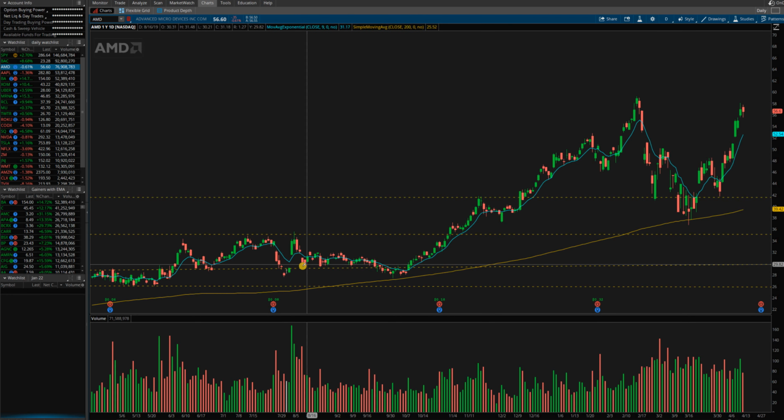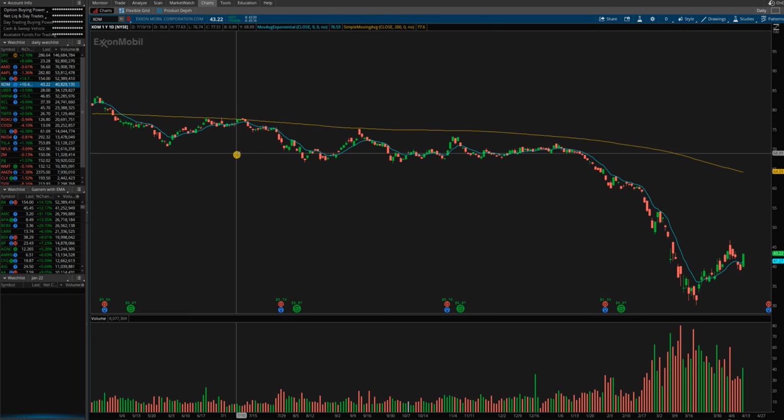As you can see, let's say that you had bought ExxonMobil here. Now you're probably asking people, hey, stock expert, is it a good time to buy? Is it a good time to sell? Should I hold? Should I buy? You can easily come here and look at the chart, and you can tell that this is a good area of support. As long as the support holds, it has a chance of going up.